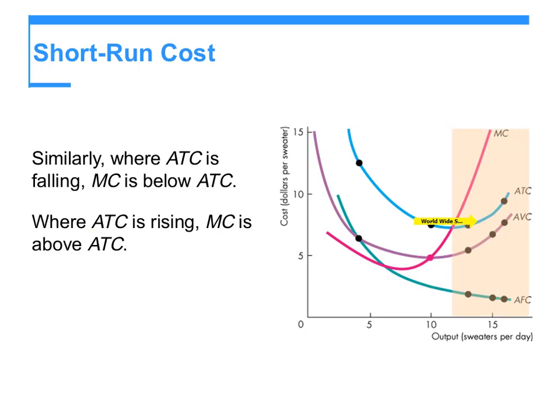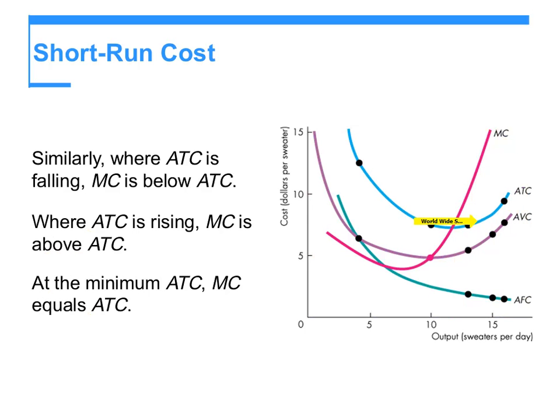So when ATC is rising, MC is above ATC. At the minimum of ATC, MC equals ATC.